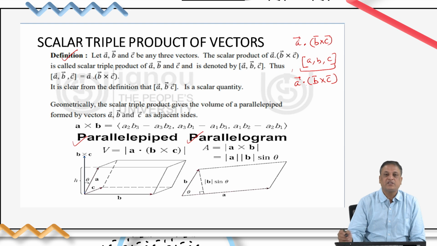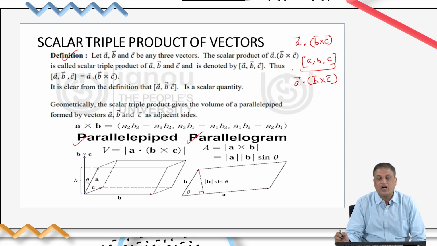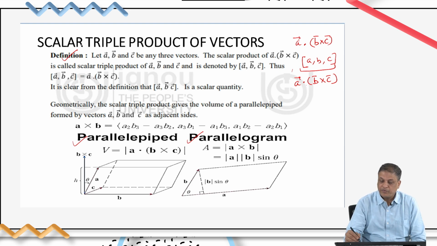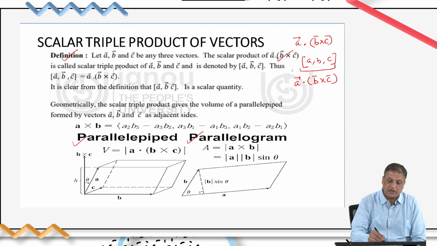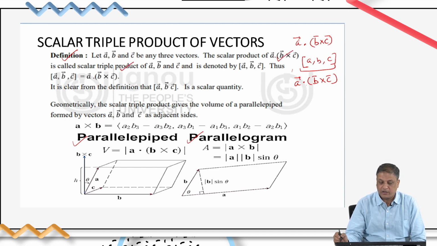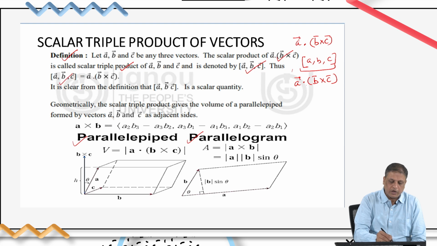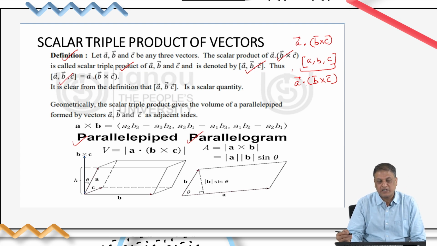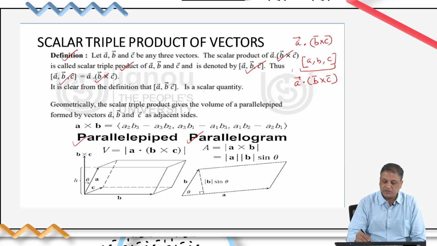The definition says that if A, B, C are any three vectors, then the scalar product A dot B cross C is the scalar triple product of vectors A, B and C, and it is denoted by square brackets [A, B, C]. Thus, [A, B, C] is equal to A dot B cross C, and this is a scalar quantity because the final outcome is given by the dot product.